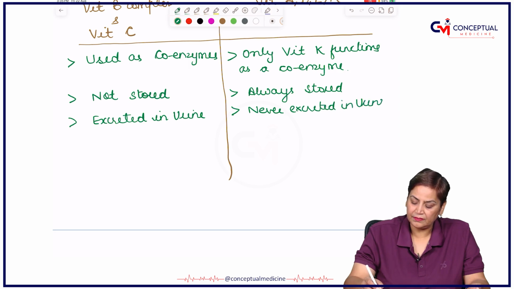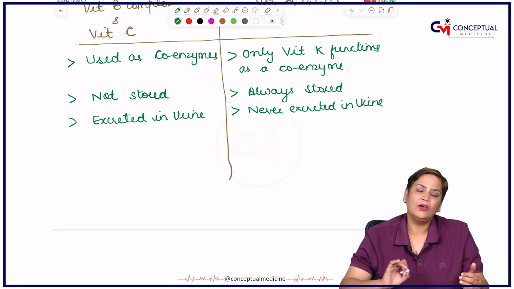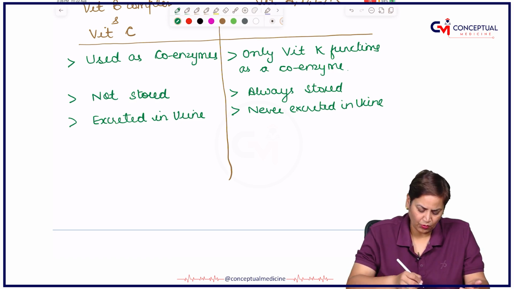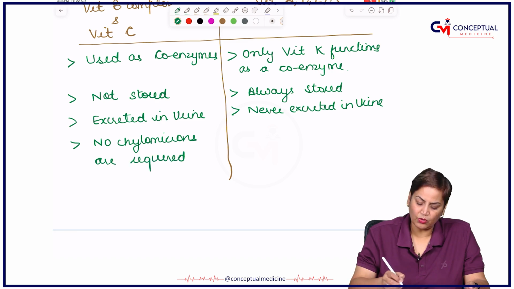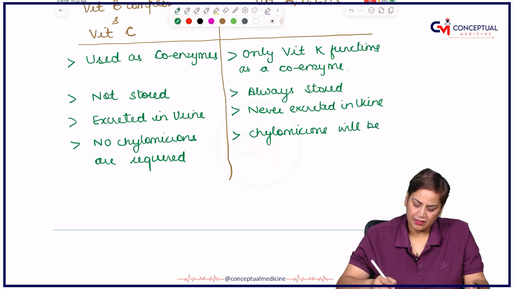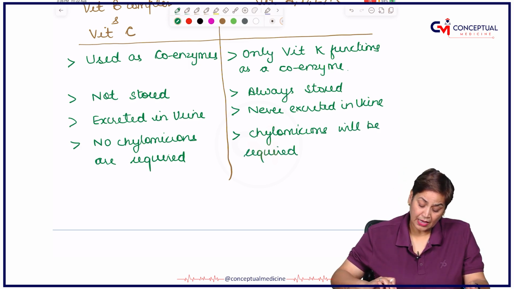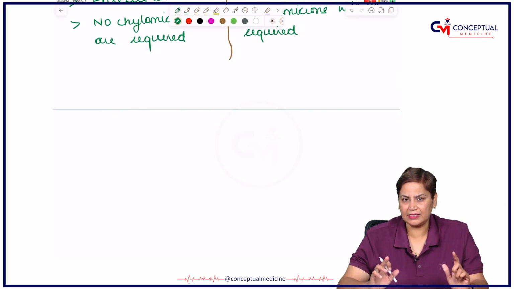So these are the main differences between water soluble and fat soluble vitamins. Or a fourth, I can say: for water soluble, no chylomicrons are required, but for fat soluble, chylomicrons will be required for the transport.